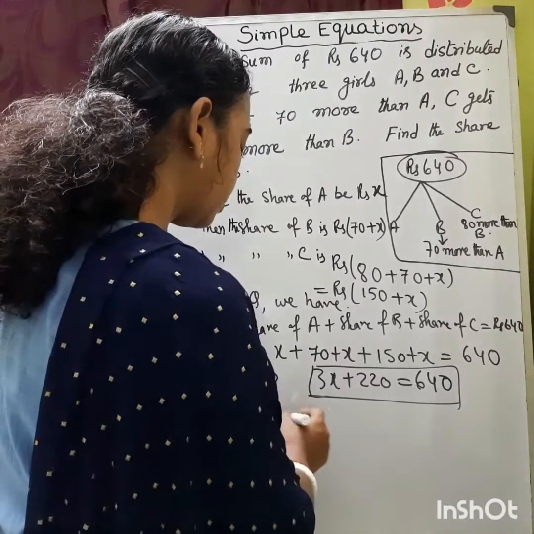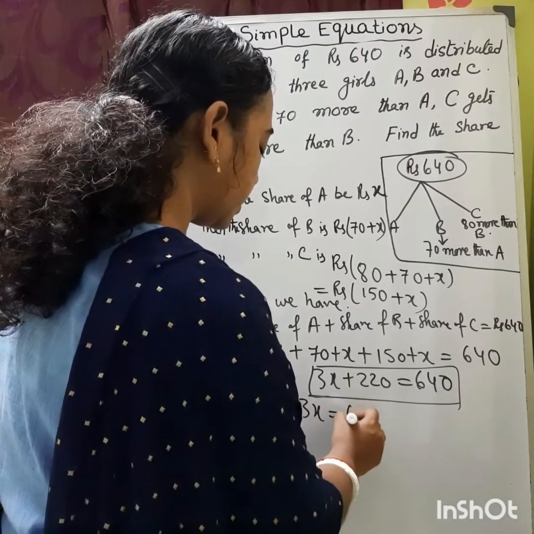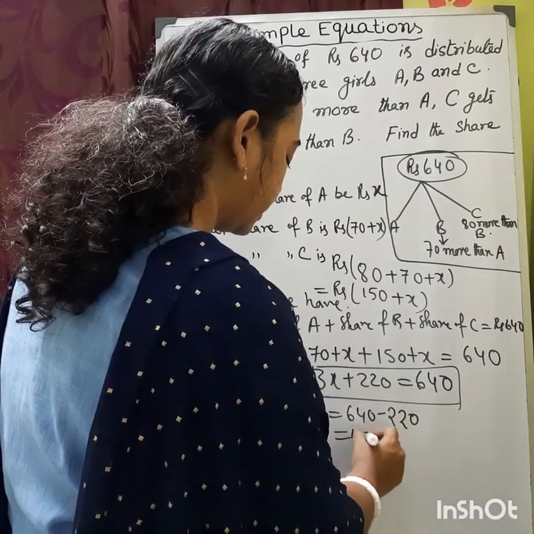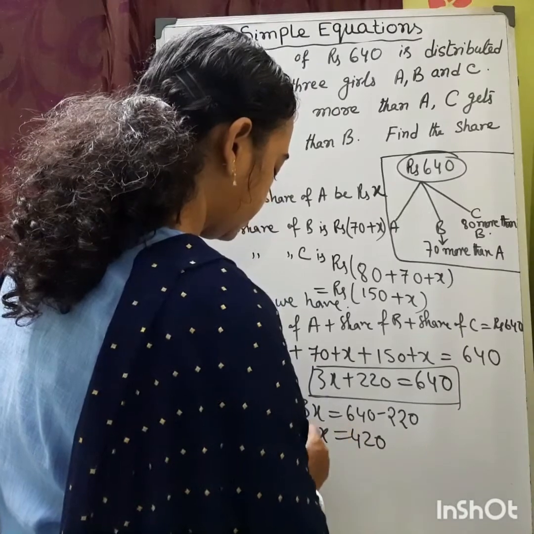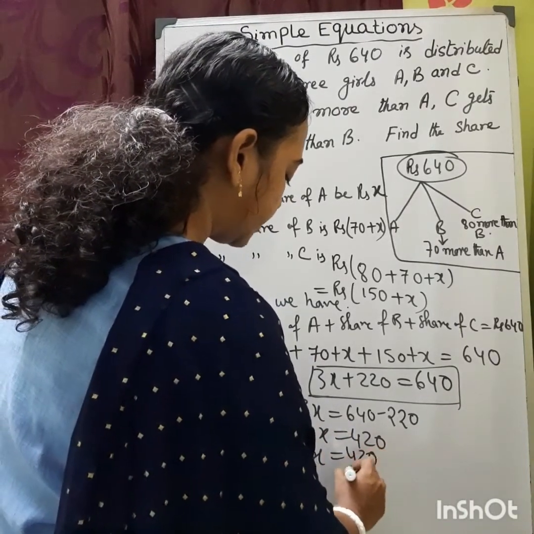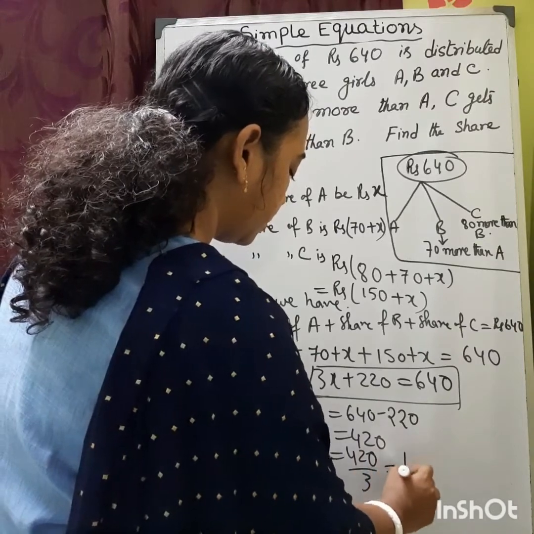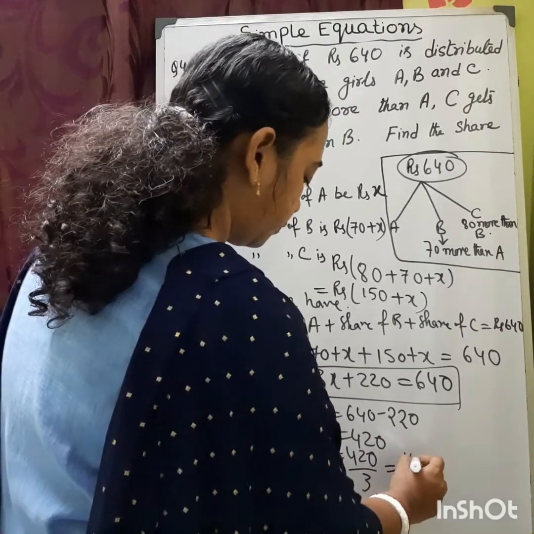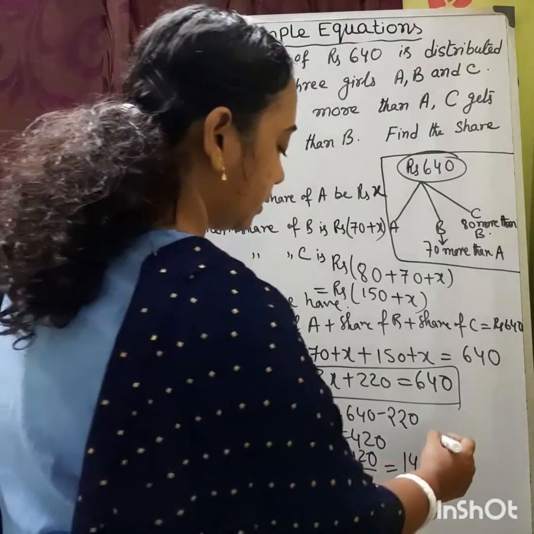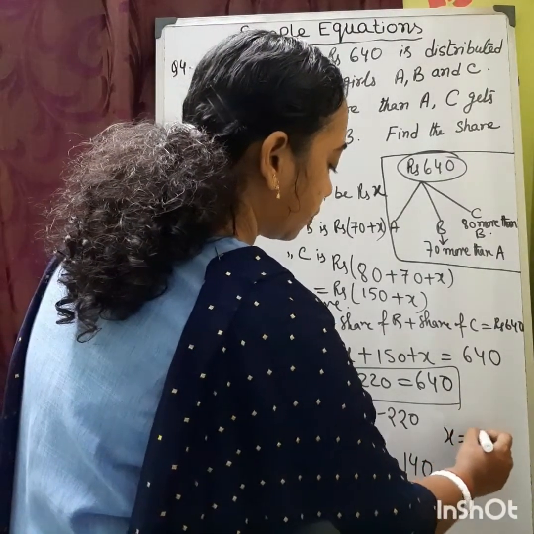So solving this equation, 3x is equal to 640 minus 220. This will give 420. So this implies x is equal to 420 by 3. So that will come 140. So here we are getting x is equal to 140.